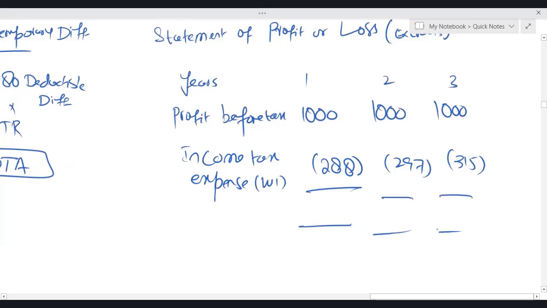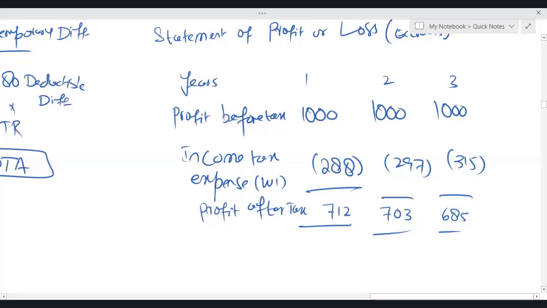Don't forget that the examiner has asked us to ignore deferred tax in requirement A. That is why we are just directly taking income tax expense. So here comes your profit after tax: 712, 703, and obviously 685.